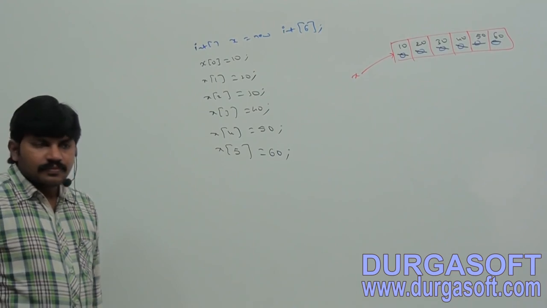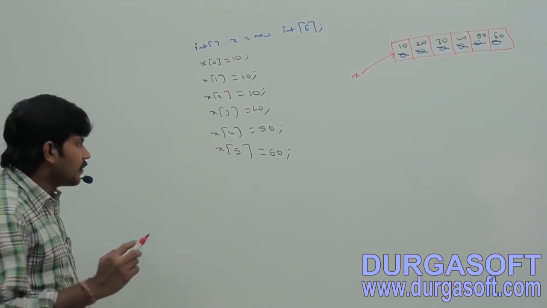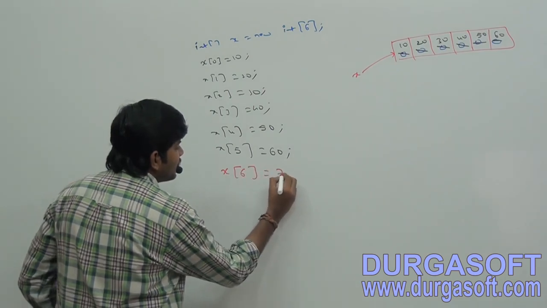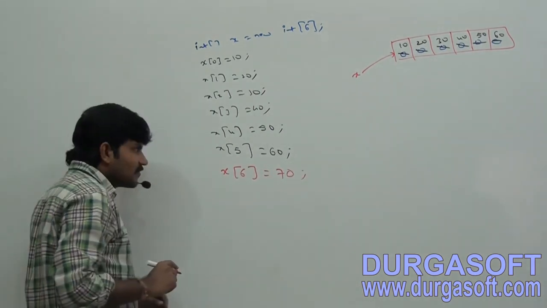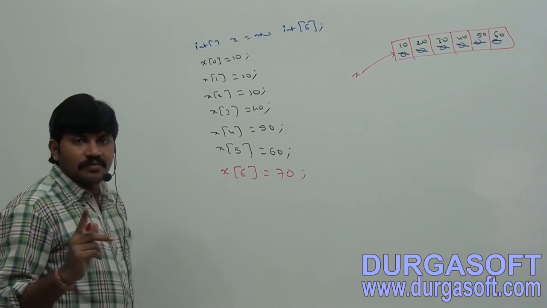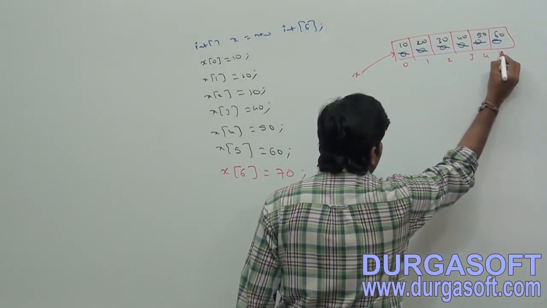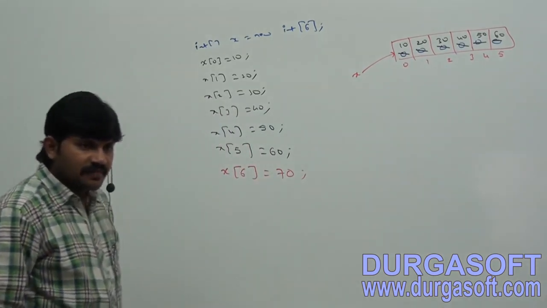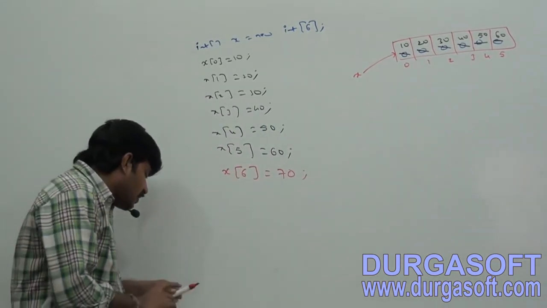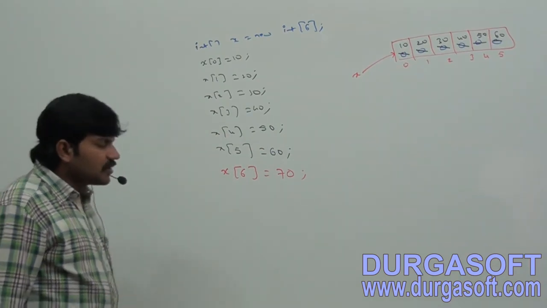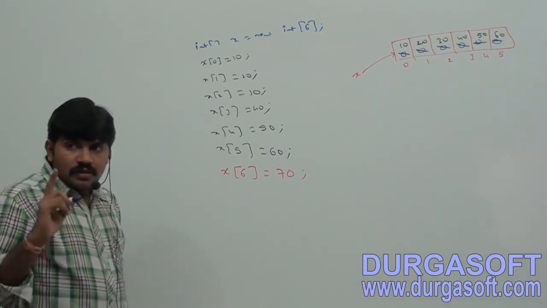Next one, here see, sir, here x of 6 is equal to 70, like this I am taking. Is it valid or invalid? Because 0 1 2 3 4 5 are the valid indexes. X of 6 is equal to 70. What will happen?